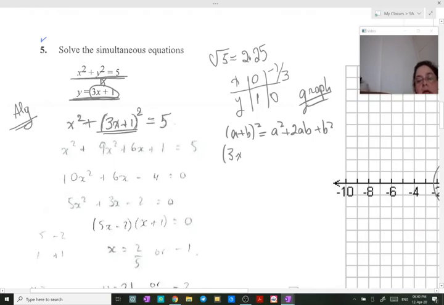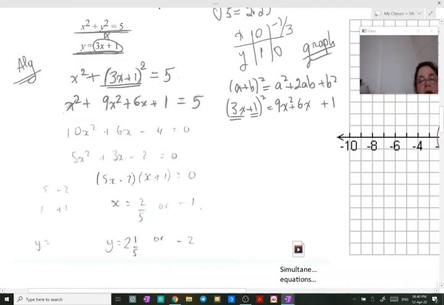So (3x plus 1) squared is equal to: square the first and square the second, you put it at the end, and in the middle it's 2 times the first times the second, which is equal to 6x. Now this is the value, 9x squared, we write it here, plus 6x plus 1 equals 5, and we don't forget the x squared from the above equation.